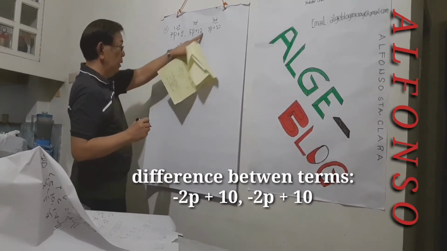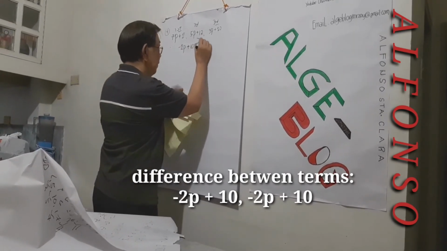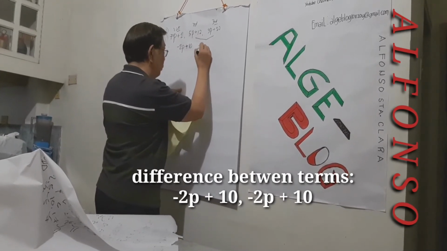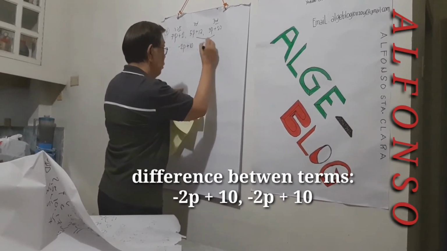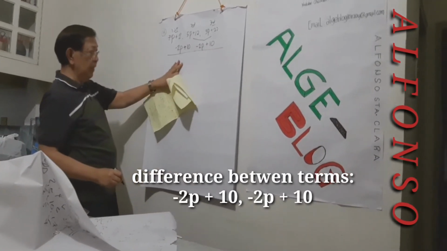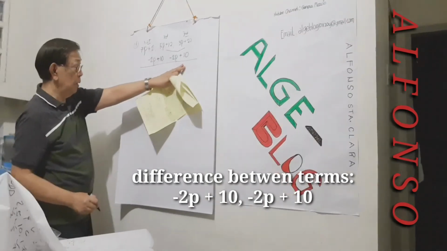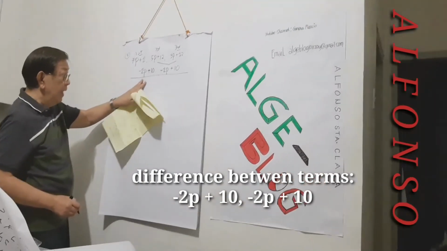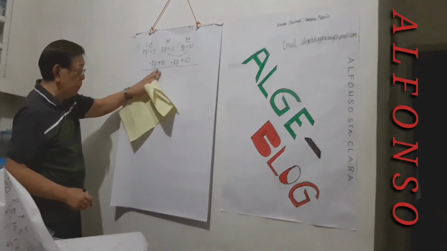The next difference, 3p minus 5p, you still get minus 2p, but you have to add 10. So it's still a series because the difference between the elements is still the same, minus 2p plus 10.